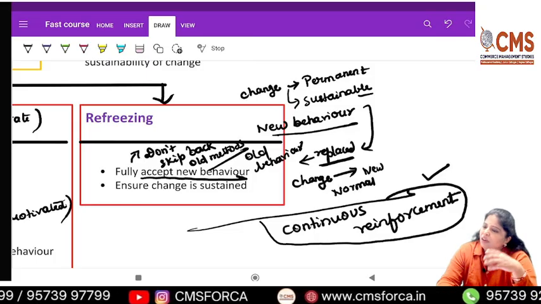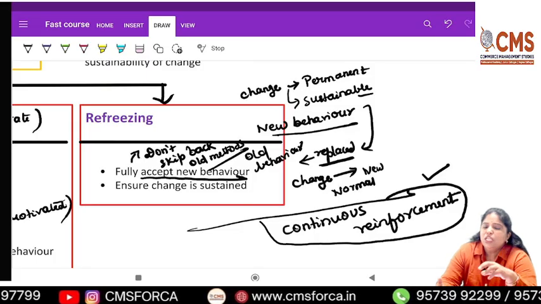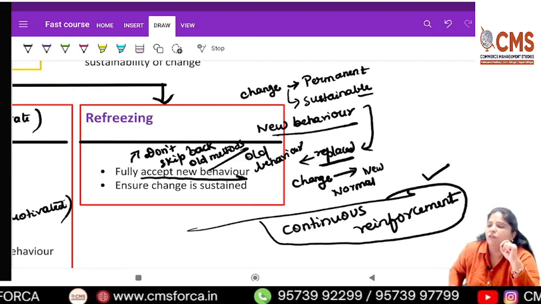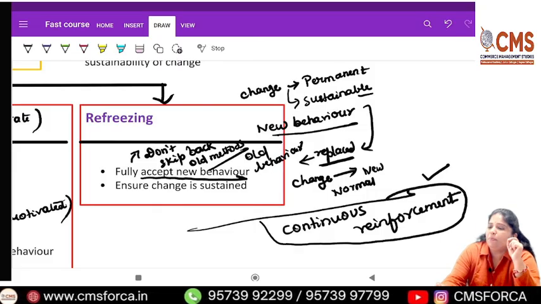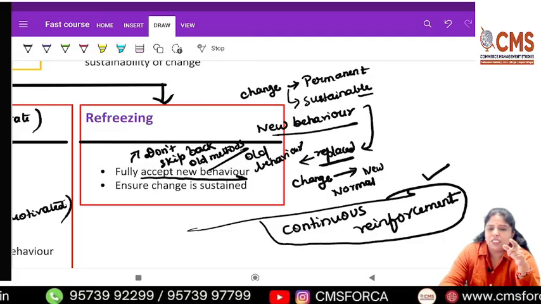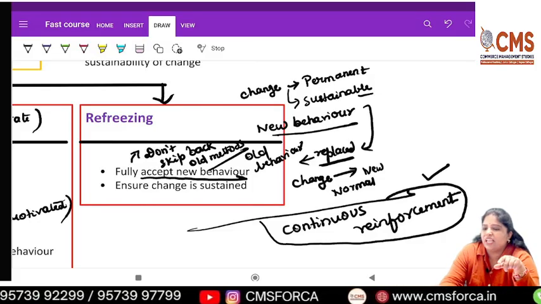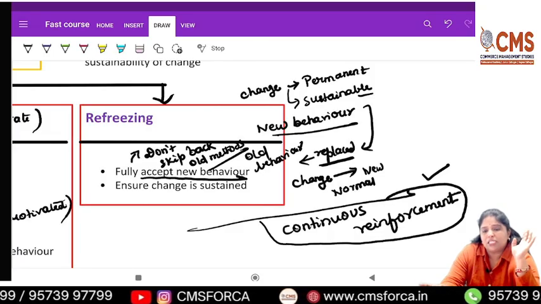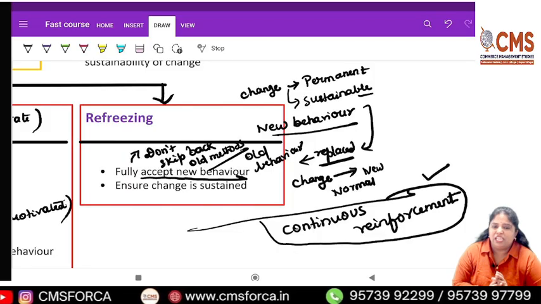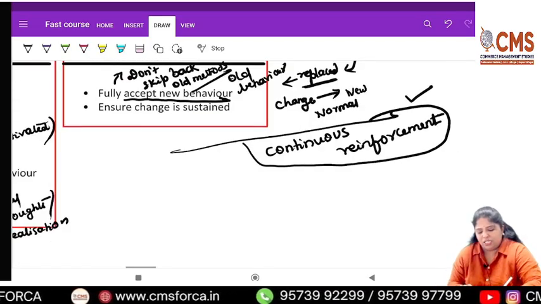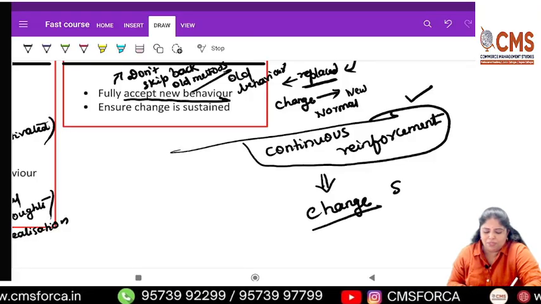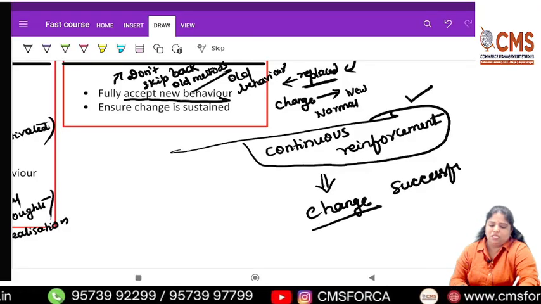We need another change, and another change. There is no end to the road of change. Changes do happen again and again, and whenever there is a change, it has to be reinforced again and again so that it is fully accepted by employees. Hence, we require continuous reinforcement. Through such continuous reinforcement, we can ensure the change becomes successful.